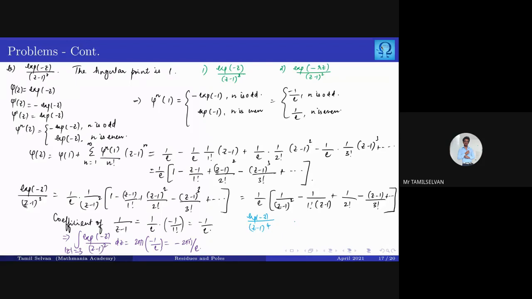Okay, you have your exponential of minus z. You have that with you, right? You just have to divide by z minus 1 to the power 4 and tell me the residue. What is the residue value? You have the terms here, right?